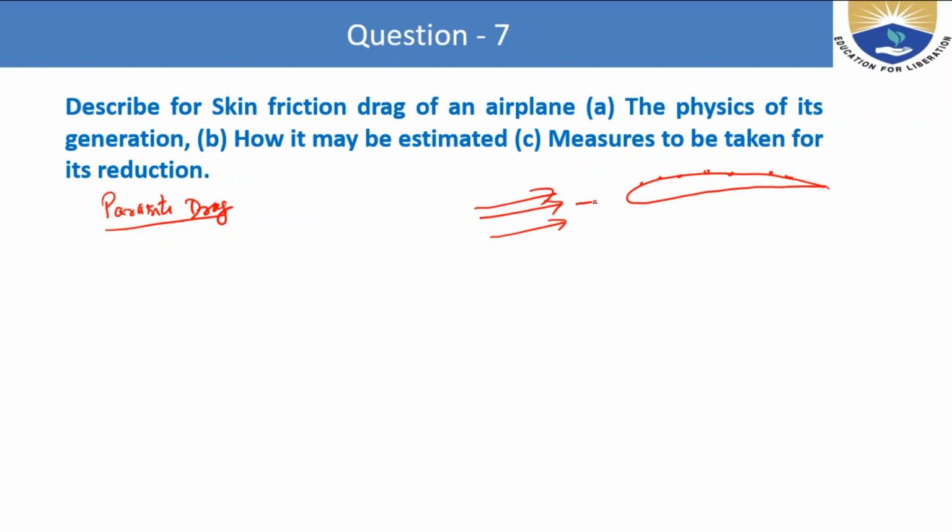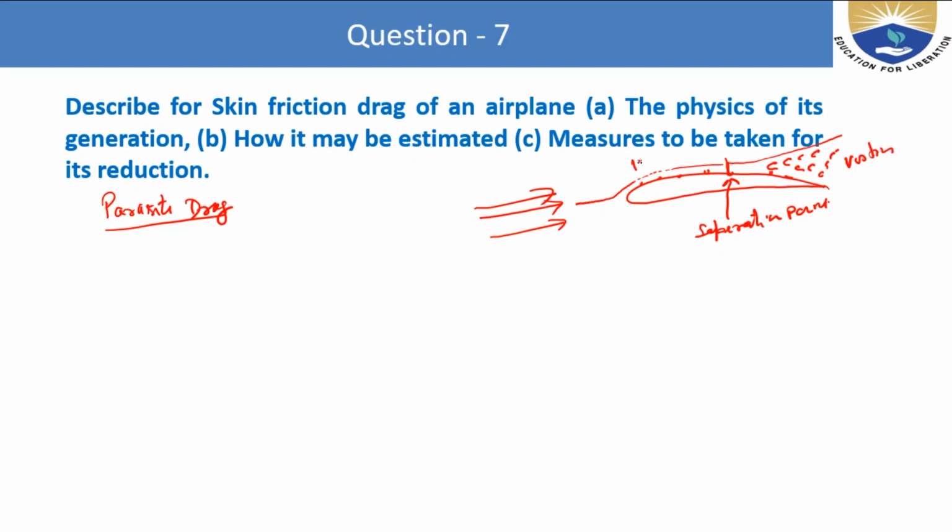As and when the aircraft goes, the flow will not stay attached. Here some vortices will be formed due to the friction. This is called the separation point, and these are the vortices.